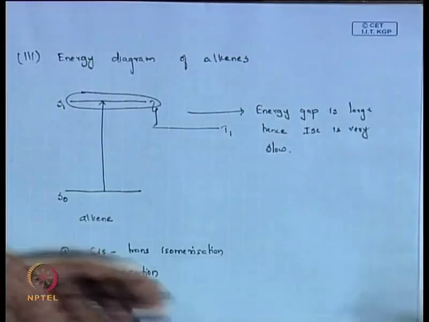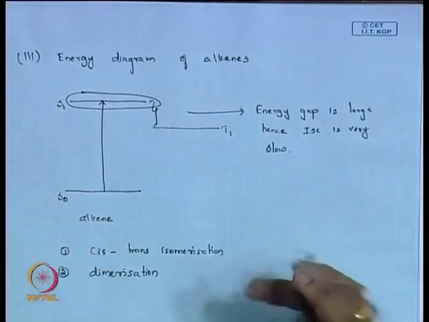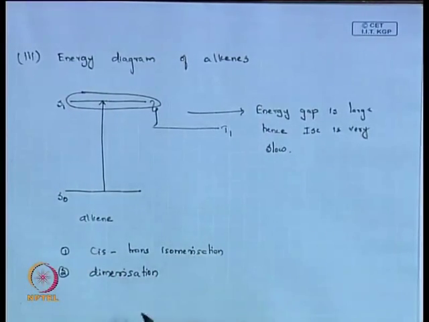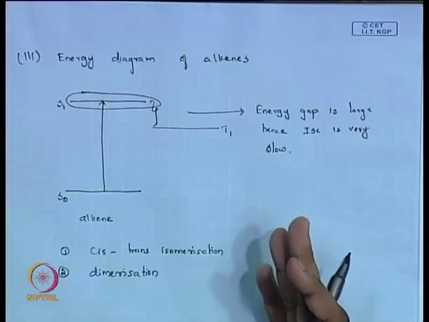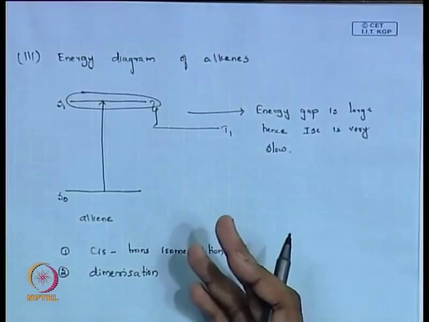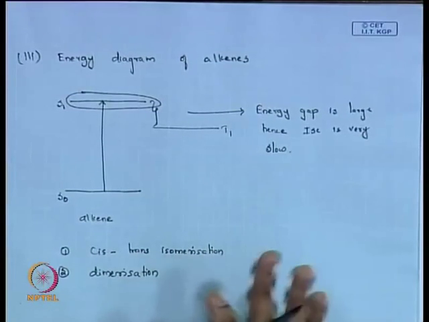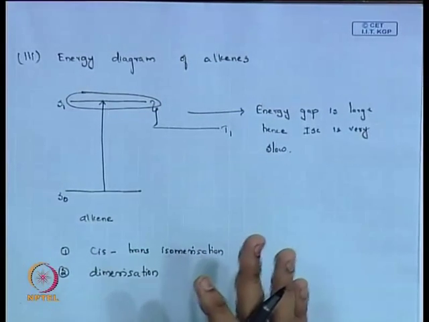Then carbonium and carbanion, which you know, but these are the two main chemistries which happen from your alkene. So, you should know sometimes it undergoes cis and trans isomerization, sometimes you end up with a dimerization reaction. These are the two predominating reactions when you think about pi star chemistry.